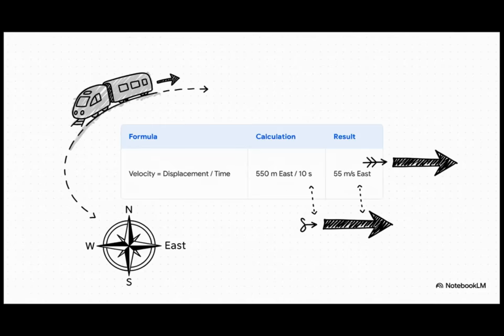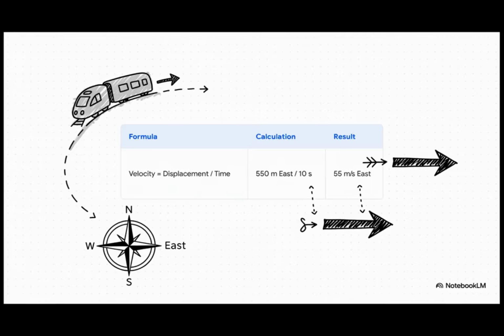All right, this time we're told the train was traveling east. So instead of a distance of 550 meters, we now have a displacement of 550 meters east. When we take that vector and divide it by time, guess what we get? We get another vector, 55 meters per second east. That's our velocity.